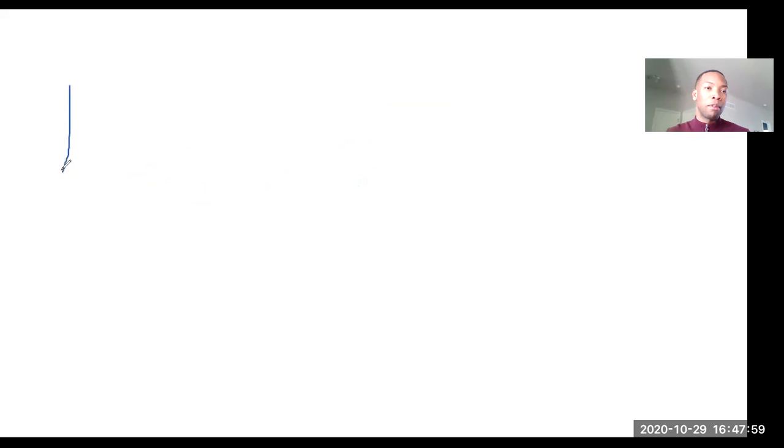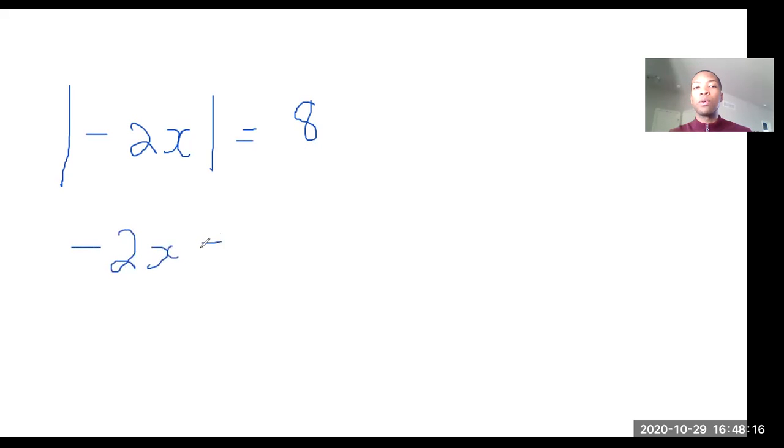So for example, if I give the absolute value of -2x, let's make it interesting. Absolute value of -2x is equal to 8. In order for me to solve this question, I need to put -2x is equal to 8.